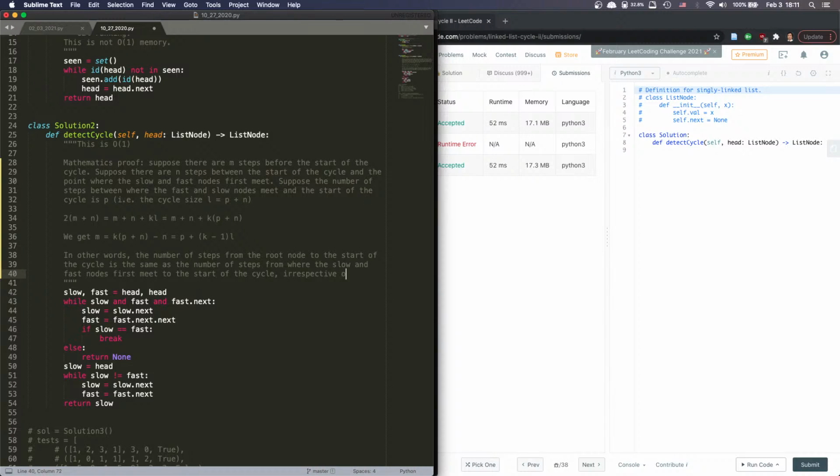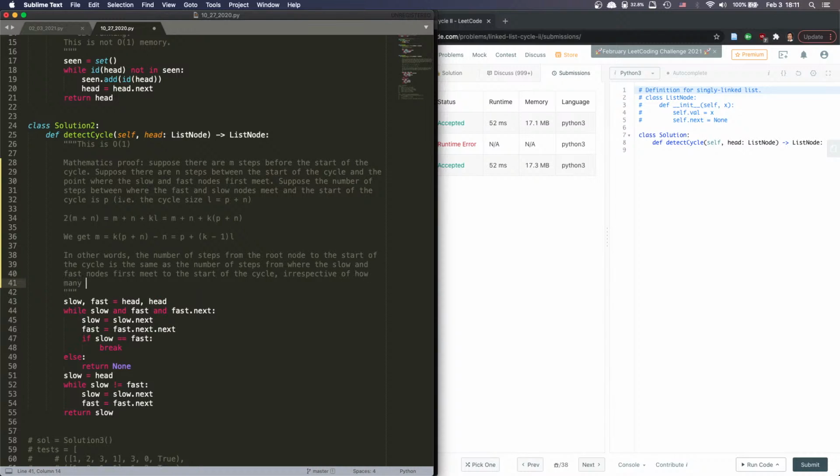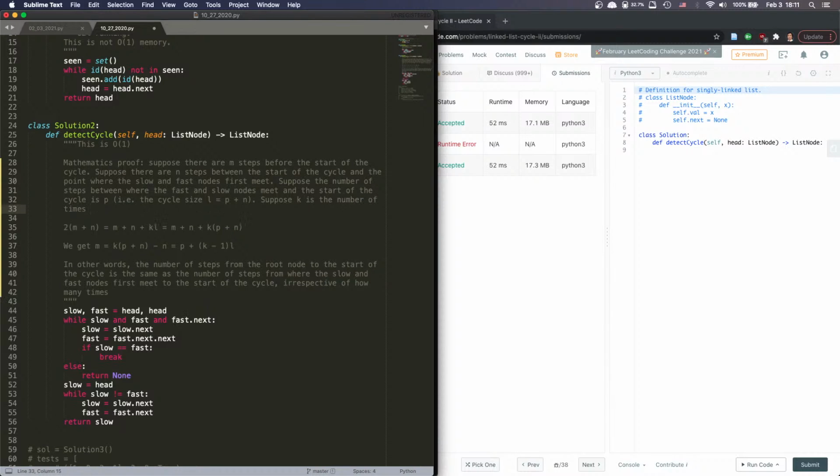Irrespective of how many times, I didn't even define K. Suppose K is the number of times the fast node has cycled.